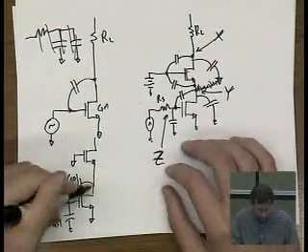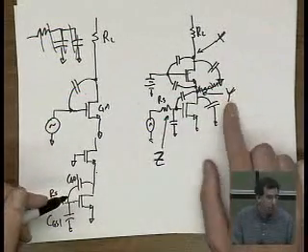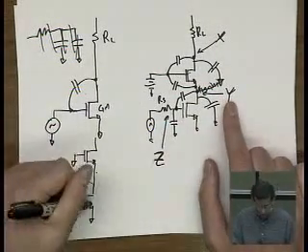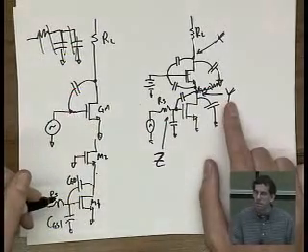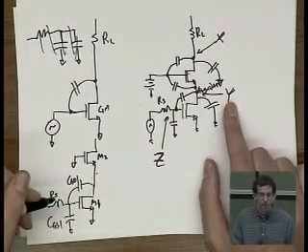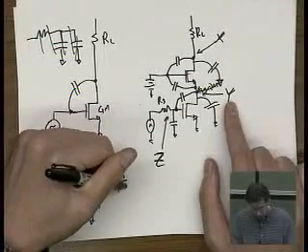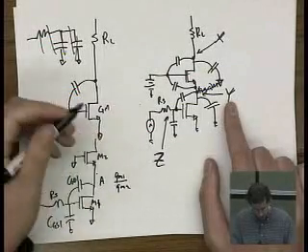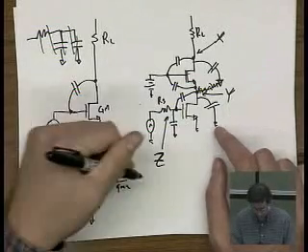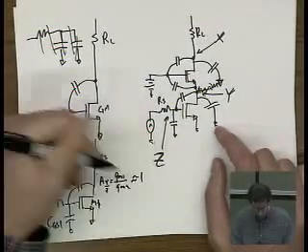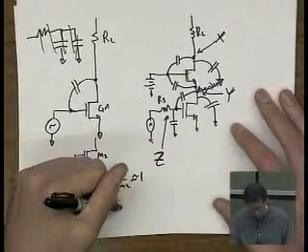But the question is, what's the gain from here to here? What's the gain from node Z to node Y? M1, M2. Anyone? It's approximately 1. It's GM1 over GM2, so the gain from node Y over node Z approximately equals 1.